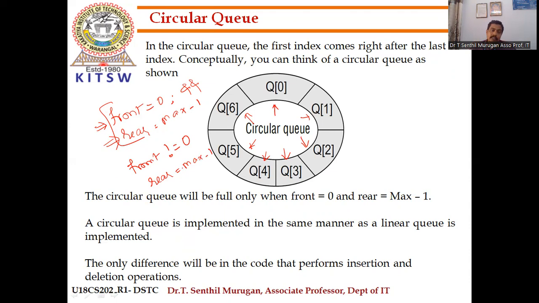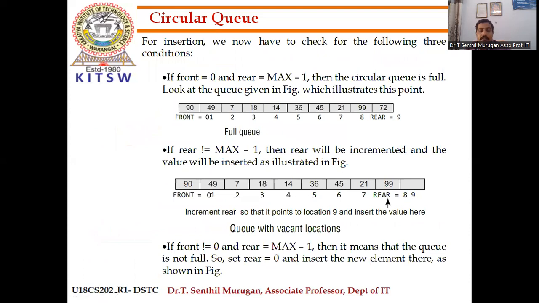If it is equal to max minus 1, then we change rear to the 0th position. If front is not equal to 0, we can insert an element into the 0th location. Then we write rear plus plus, one by one, up to where the front pointer is pointing. This is the circular queue concept we are using.